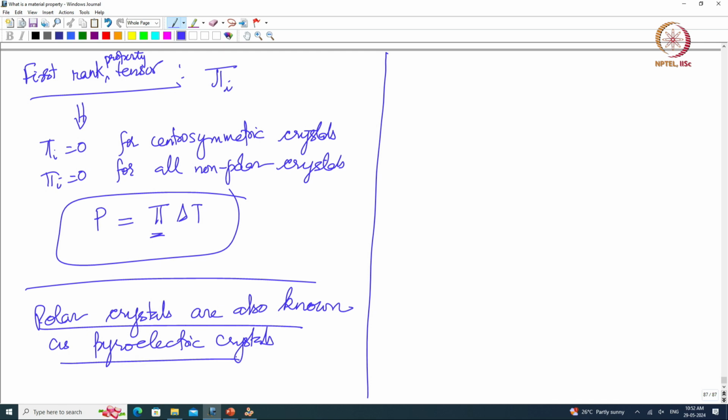Okay. So, if I have a unique polar axis, the crystal is polar, but polar crystals are also pyroelectric crystals, because if my crystal is polar, I have a pyroelectric property. If my crystal is non-polar, the pyroelectric property pi goes to 0. Okay. So, it is a one-to-one correspondence.